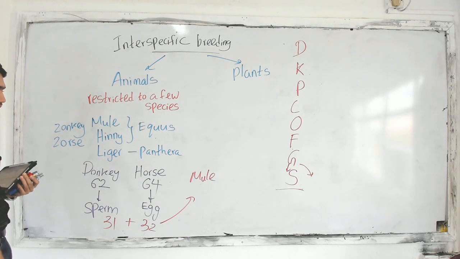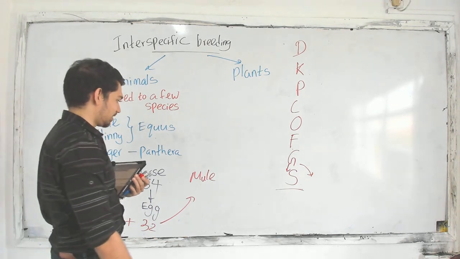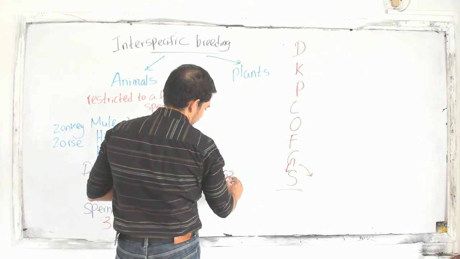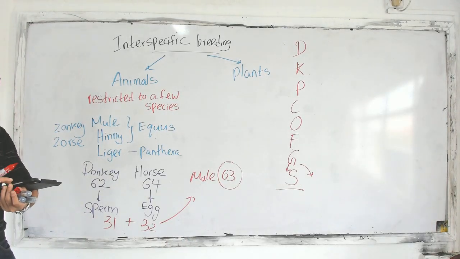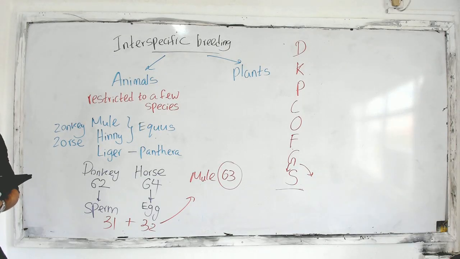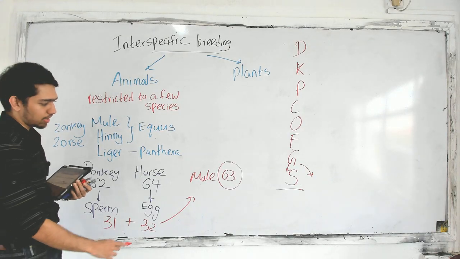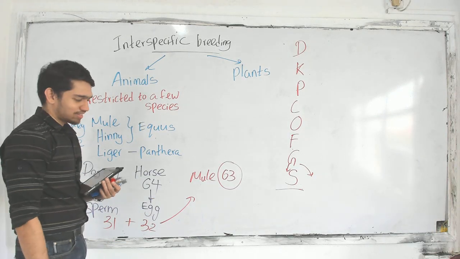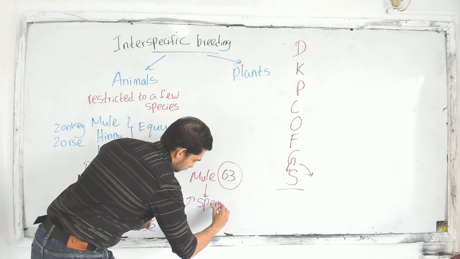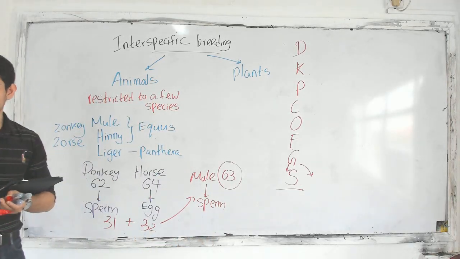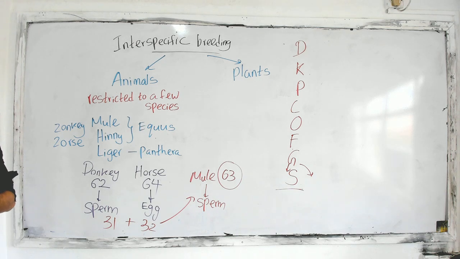This mule is going to have 63 chromosomes. So how is this mule going to have children? Imagine this is a male mule producing sperm. Problem, no? How are you going to divide 63 by 2? That's the problem.